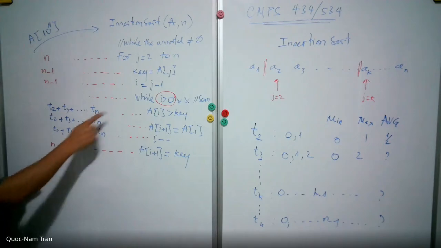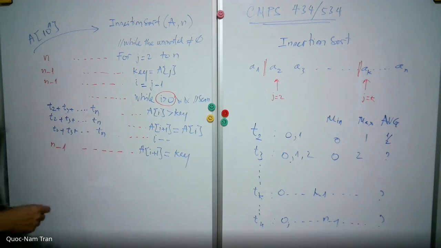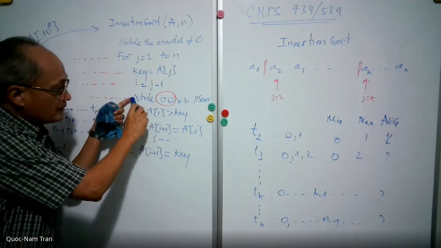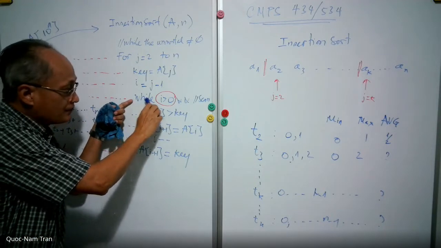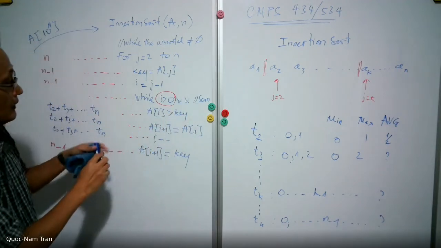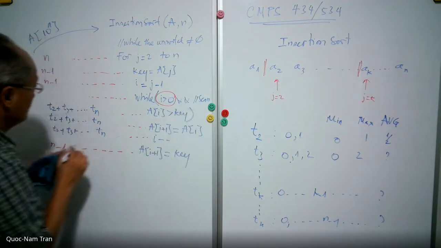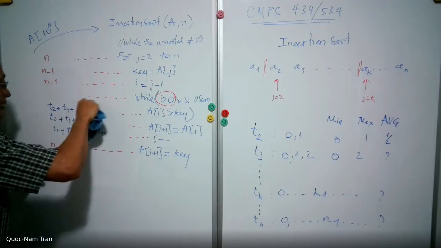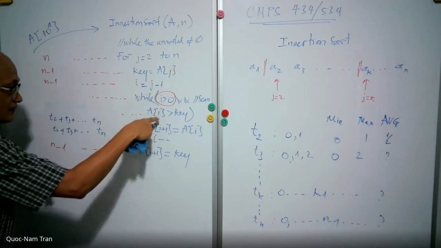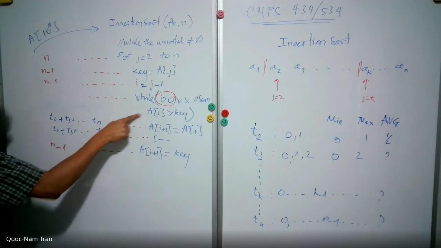Right? And now, what is the number of steps for this statement? Remember that the while loop will take the number of times the condition is true. This one is a condition, not a statement, right? So we have only this one and this one.